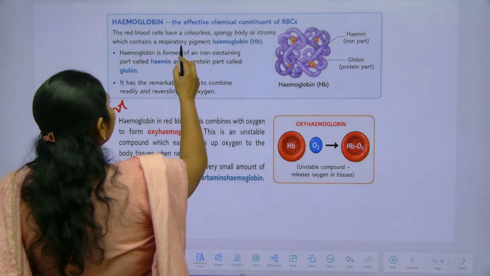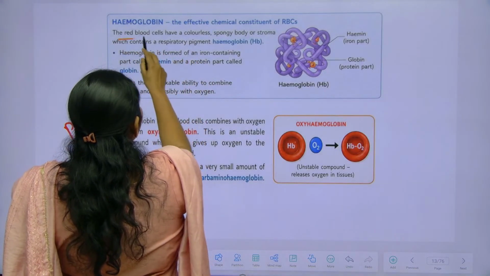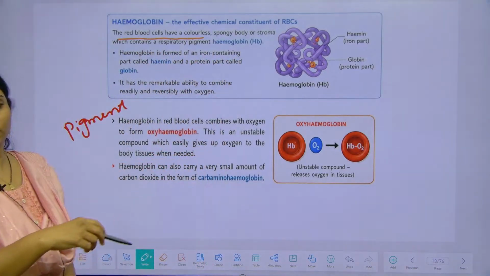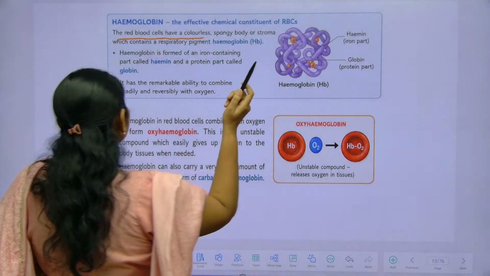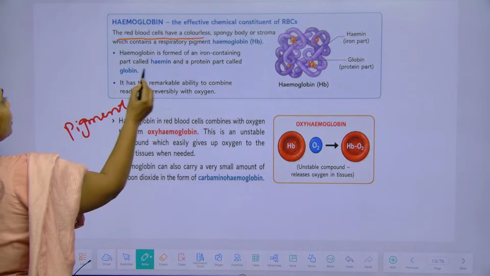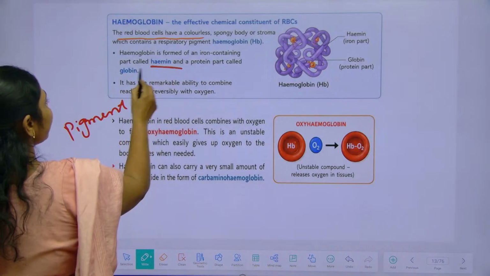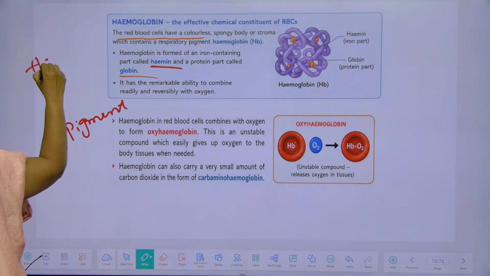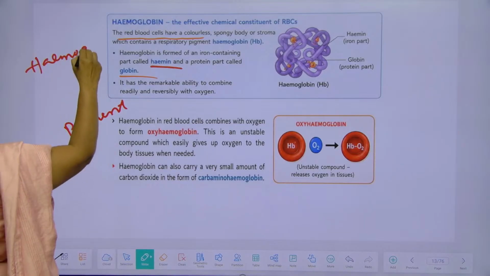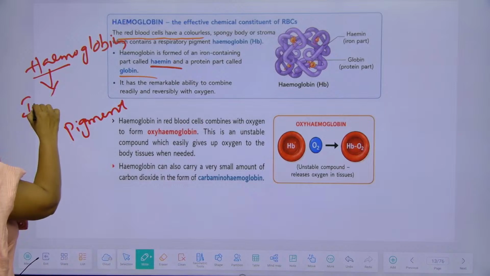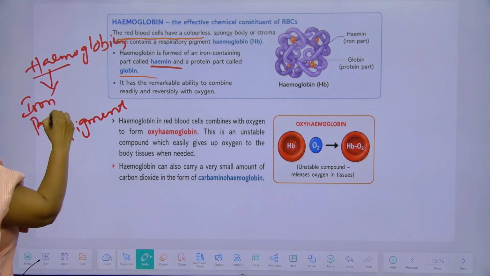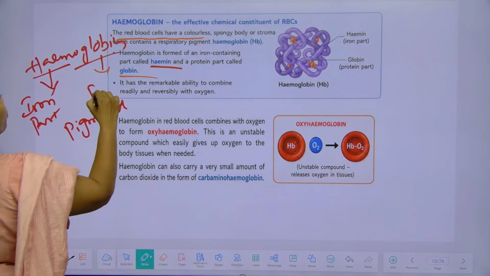The red blood cell is actually colorless, but because of this hemoglobin only, we get the red color. If we divide hemoglobin into heme and globin, heme is the iron part and globin is the protein part.